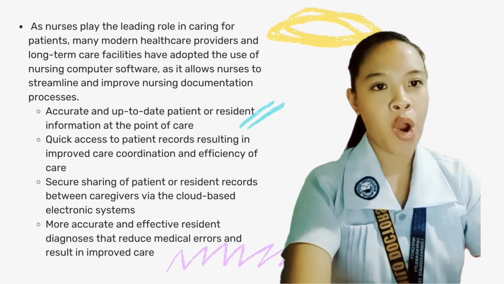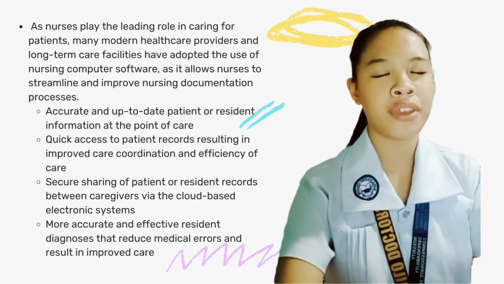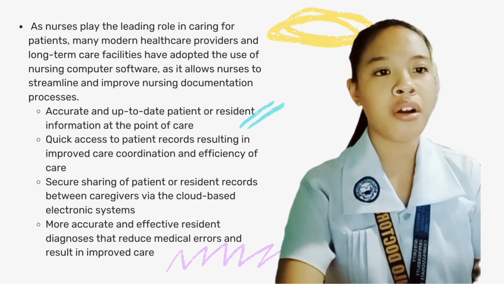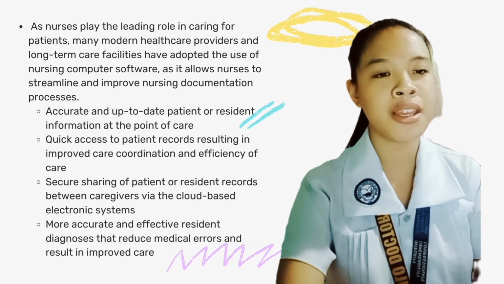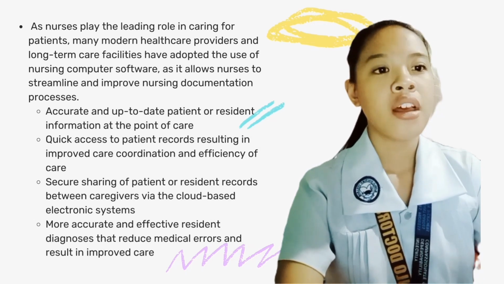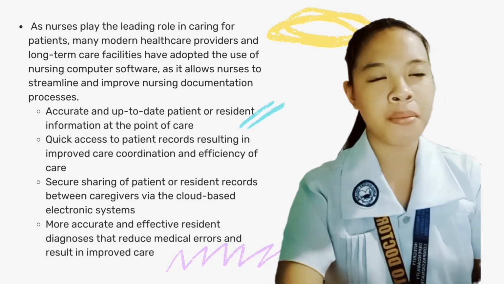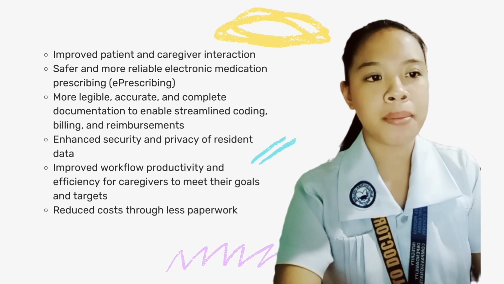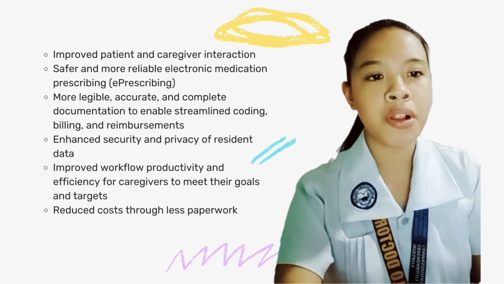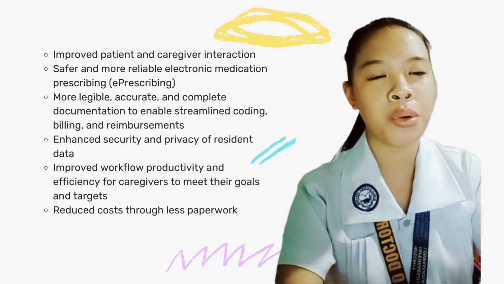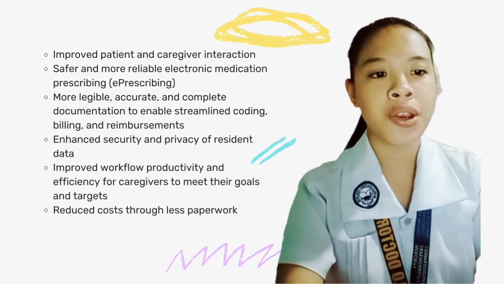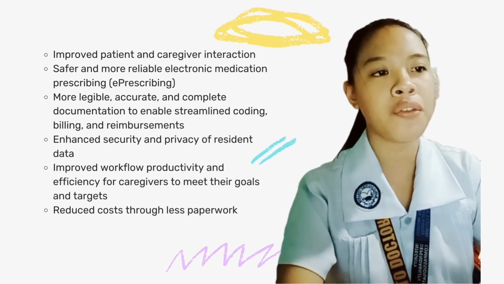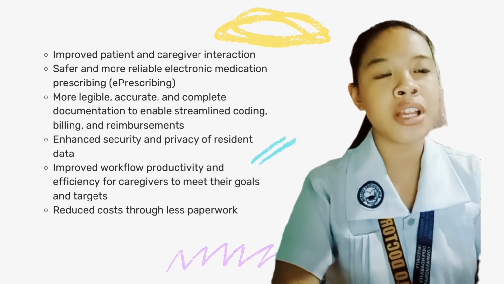So these are accurate and up-to-date patient or resident information at the point of care, quick access to patient records resulting in improved care coordination and efficiency of care, secure sharing of patients' or residents' records between caregivers via cloud-based electronic systems, more accurate and effective resident diagnosis that reduce medical errors and results in improved care, improved patient and caregiver interaction, safer and more reliable electronic medication prescribing or e-prescribing, more legible, accurate, and complete documentation that enables streamlined coding, billing, and reimbursement, enhanced security and privacy of resident data, workflow, productivity, and efficiency for caregivers to meet their goals and targets, reduced costs through less paperwork.